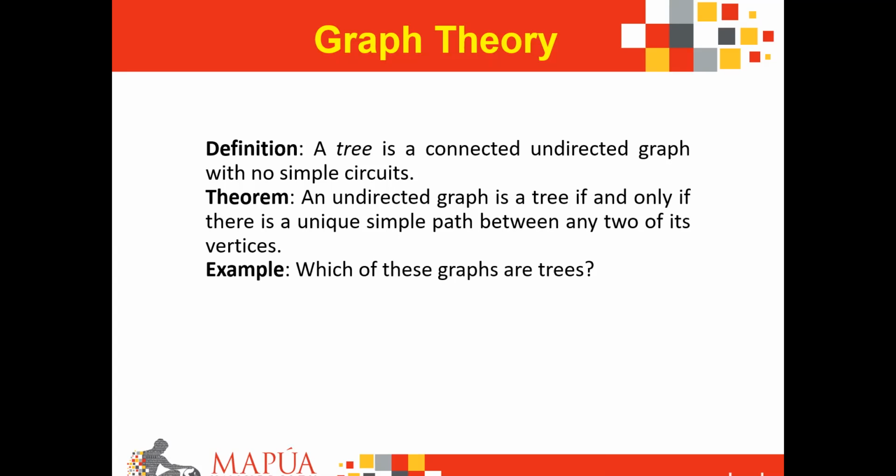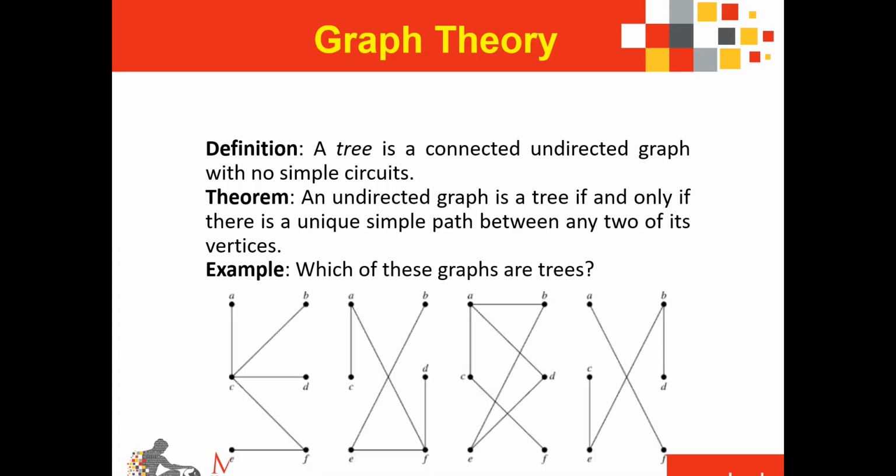If we are to ask which of the following graphs are trees, you would note that this one and this one are trees, because trees are considered to be acyclic, whereby no possible circuits can be formed on the tree.